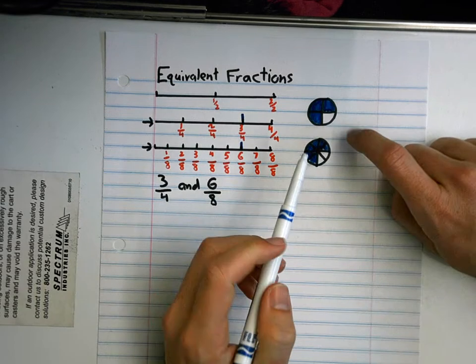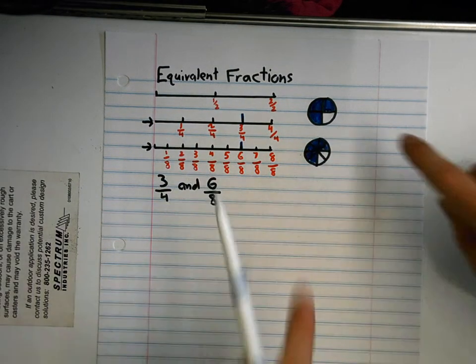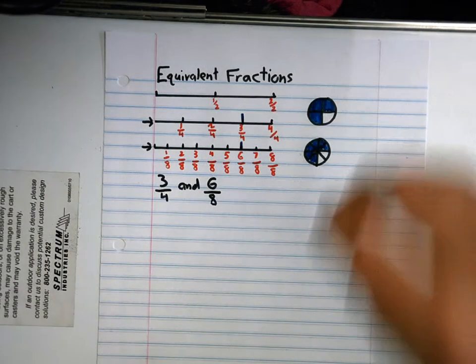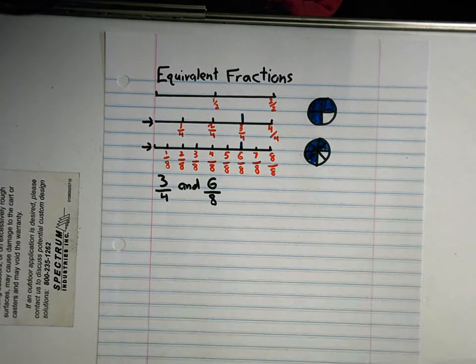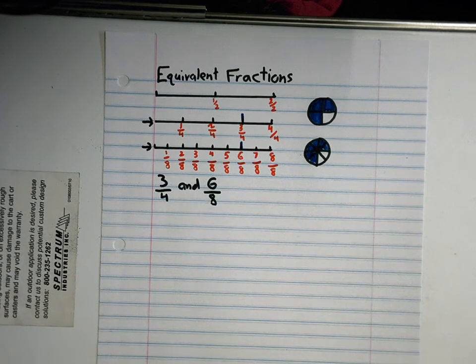I colored in the same amount altogether, didn't I? If I took out all the lines and just left the shaded part here, they'd be the same. I could pick this circle up, put it on top of it, and the blue pieces that I shaded would overlap. They'd be the same size. So that's what I mean by equivalent fractions. The value is equal. The size is equal.